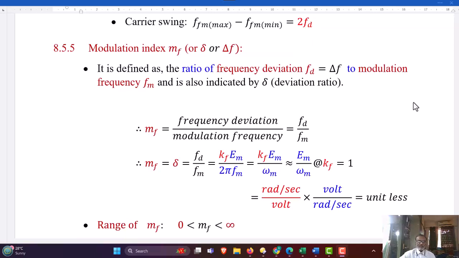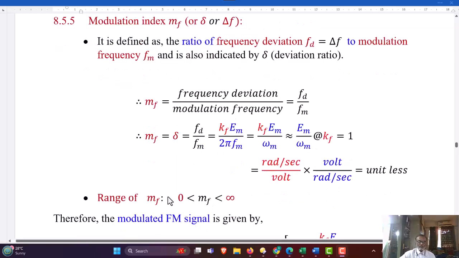It is also indicated by the Greek letter delta. Same thing is written here. Therefore, mf is equal to frequency deviation divided by modulating frequency, that is fd by fm. And therefore, substituting the value in this expression, mf is equal to kf into Em by 2 pi, that is fd, divided by fm.